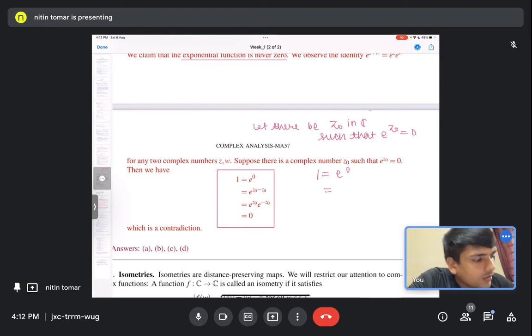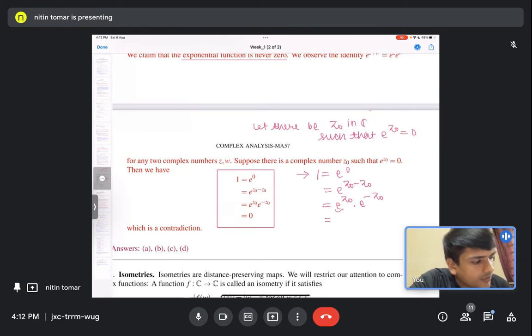Now you can write 1 as e power 0, right? But e power 0 can be written as e power z naught minus z naught, and exponential is multiplicative in the sense that it splits. So e power z naught minus z naught will be e power z naught times e power minus z naught.